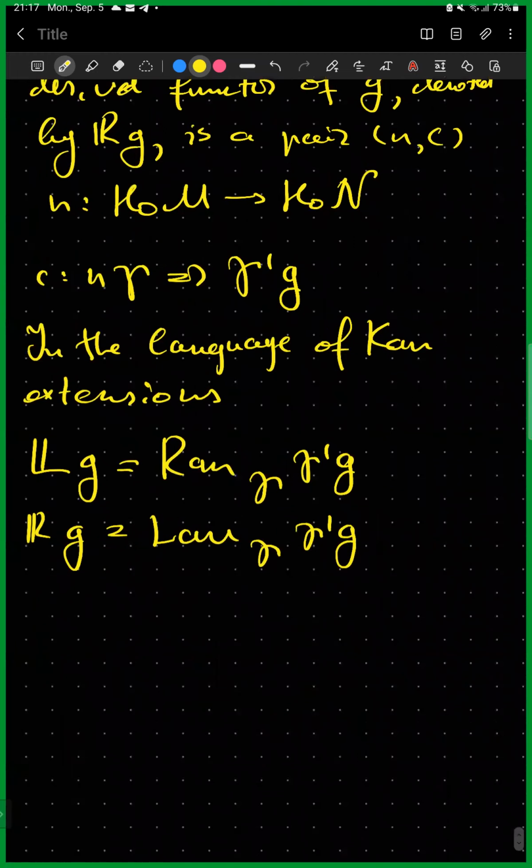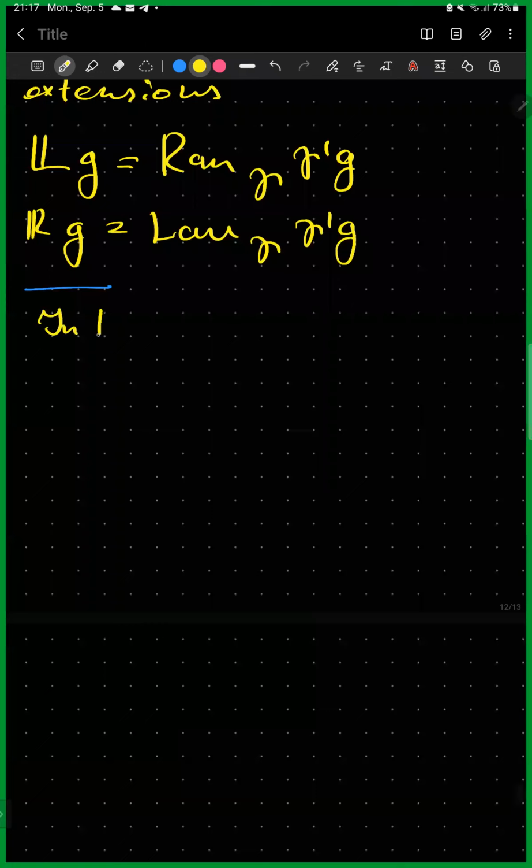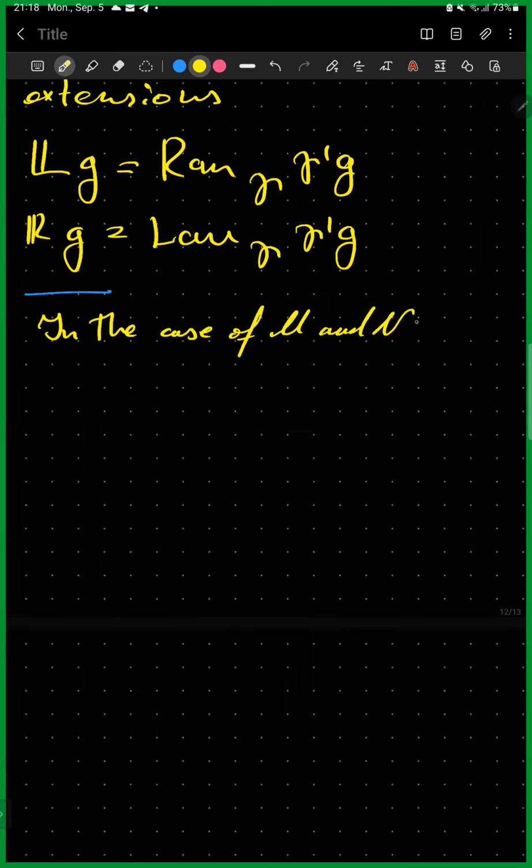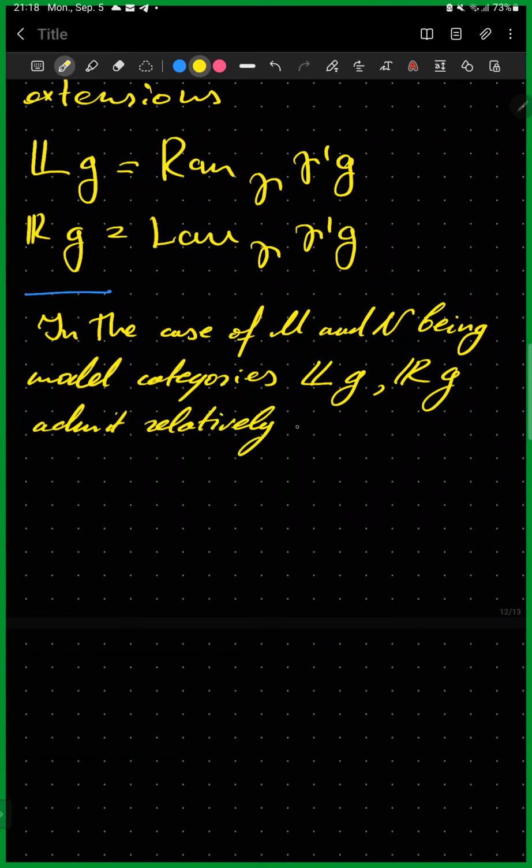So the upshot here is that in case of M and N being model categories, the total left and total right derived functors admit a relatively simple description.